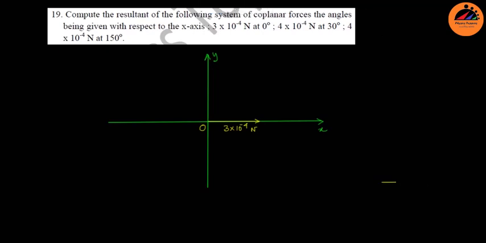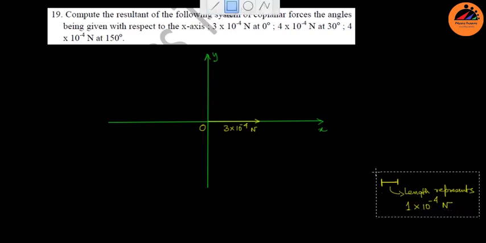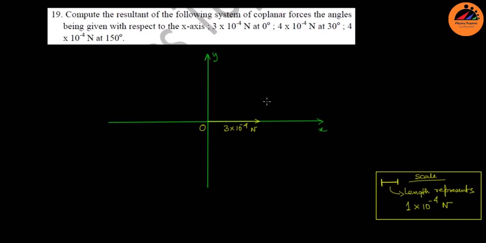Suppose this length represents 1 into 10 to the power of minus 4 Newton. So 3 times this is an approximate scale just to make you understand what exactly it is. Never mind, so let's go.